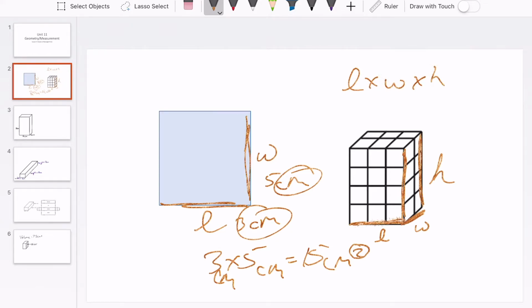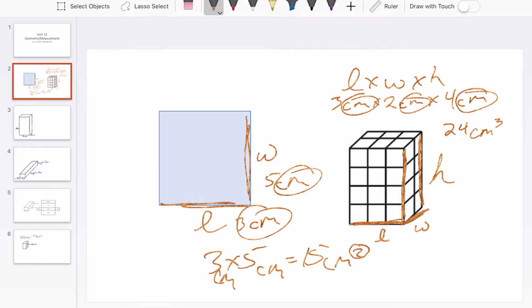If this is 3 centimeters times 2 centimeters times 4 centimeters, 3 times 2 is 6, so that would be 24. And because I have the centimeters there, it would be centimeters cubed.